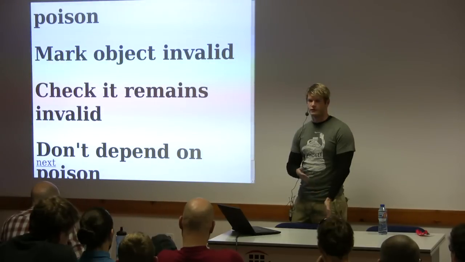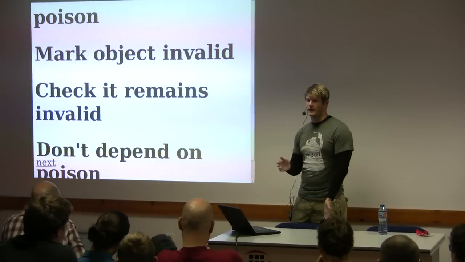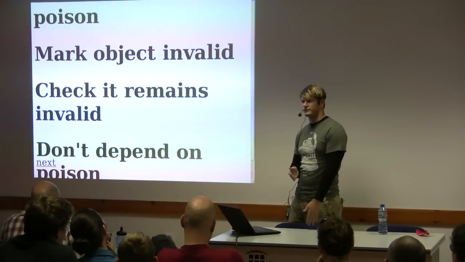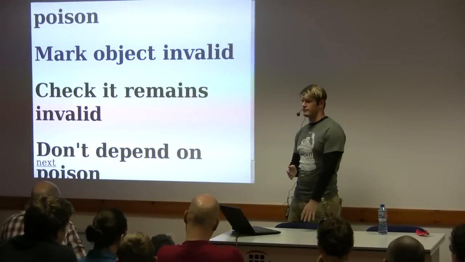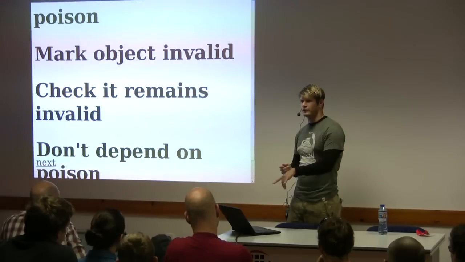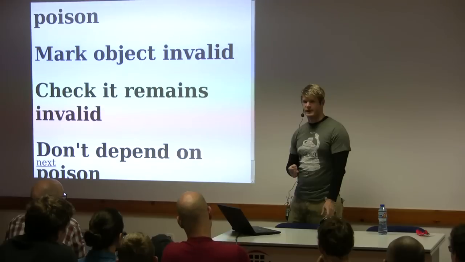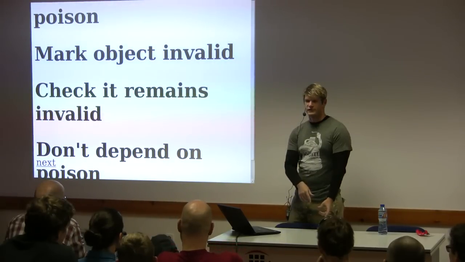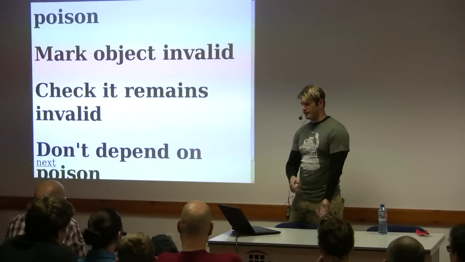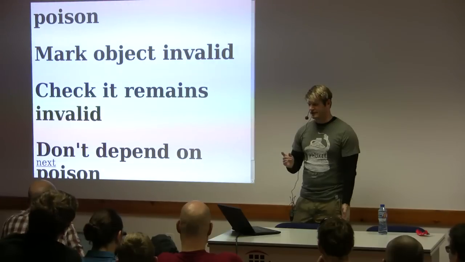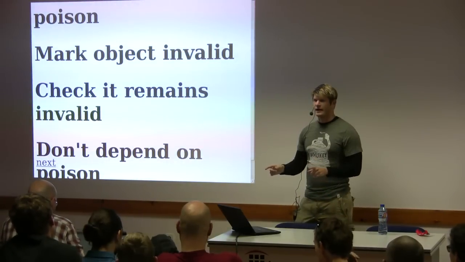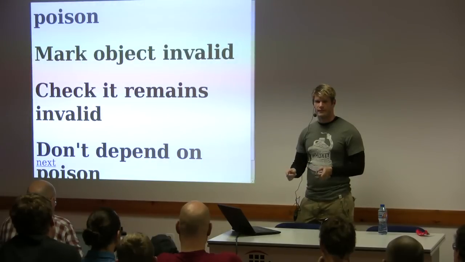In the kernel, the popular choice for this is something like dead beef, but actually on the i386 architecture, the 0xdeadbeef pointer is in userland address space, and so you don't want to be dereferencing that because it actually might work. So what we did instead is we changed it to a 0xEE-something address, and that page is guaranteed to be unmapped, and so dereferencing that pointer is guaranteed to crash.